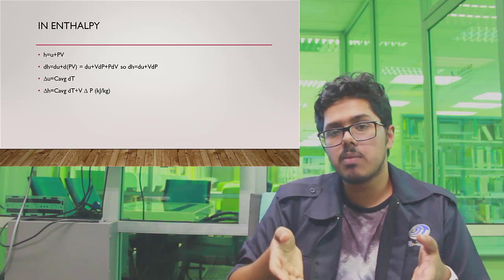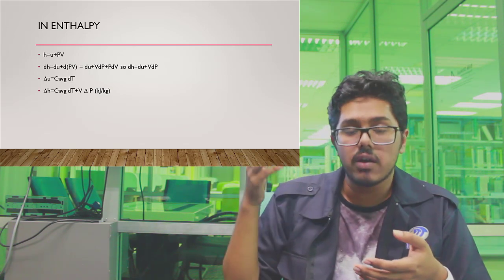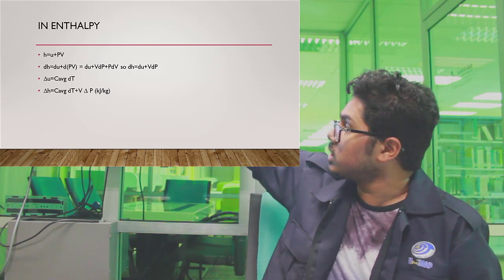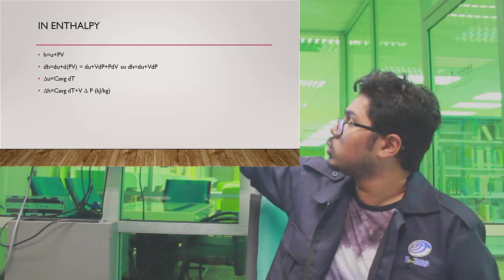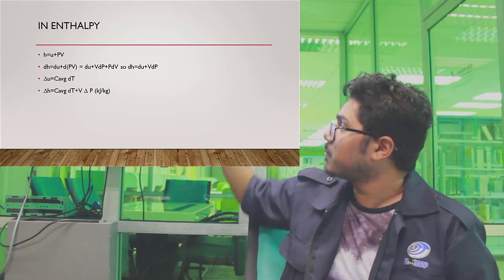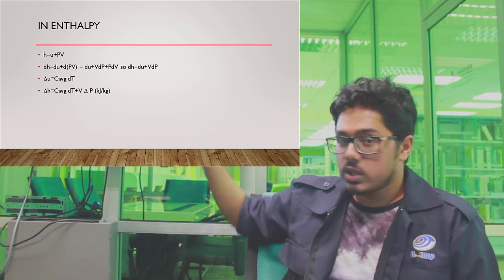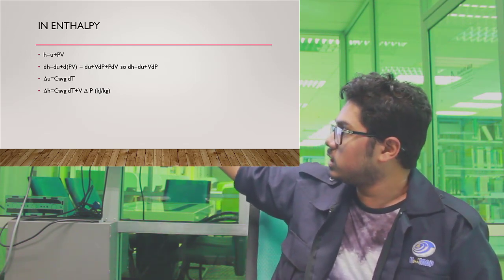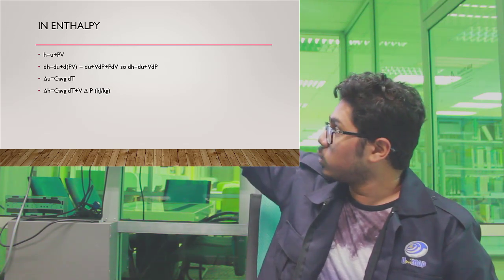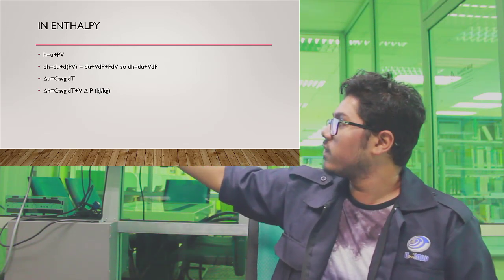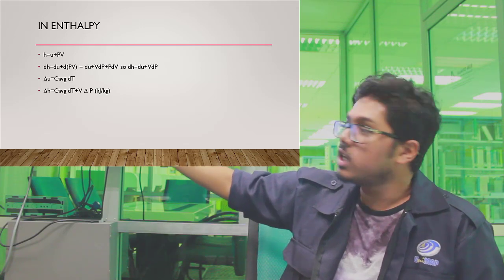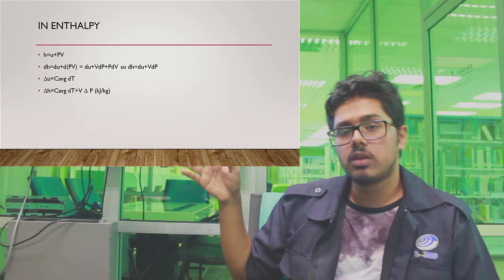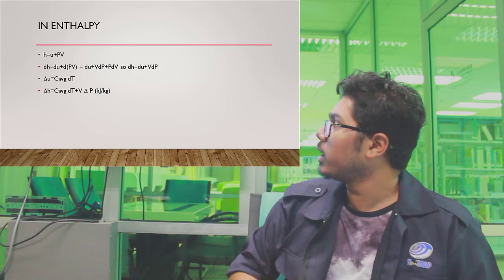But as we said previously, the volume will not affect our enthalpy, so we can cross it out, and dH will equal du plus V dP. Also, we said previously that delta U equals C average dT. So at the end, after we integrate the whole thing, it will give us that delta H equals C average dT plus V delta P, and the unit will be kilojoule per kilogram.